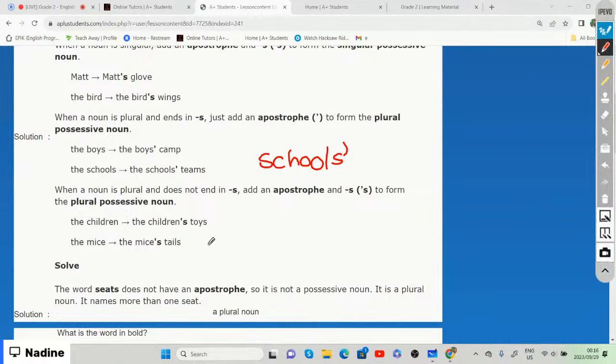And then when a noun is plural and does not end in an S, we add the apostrophe and the S to form a plural possessive noun.